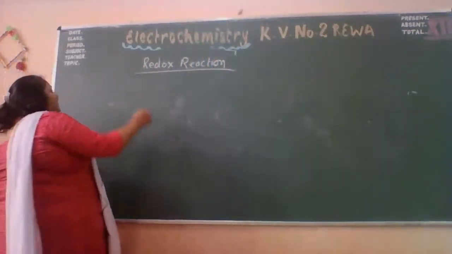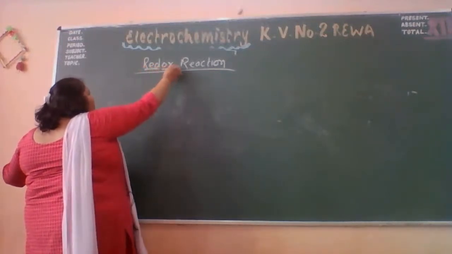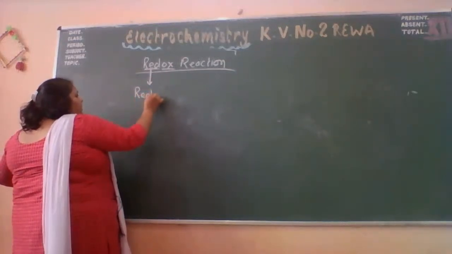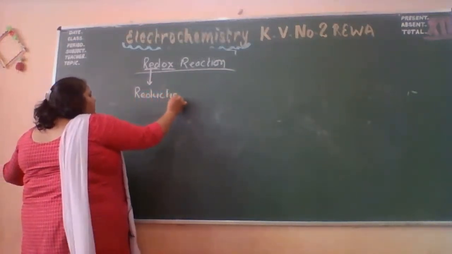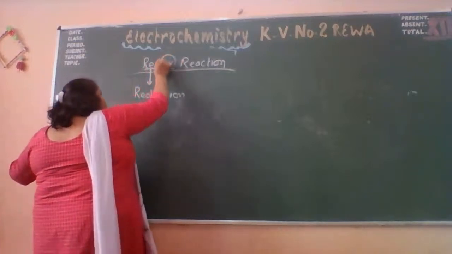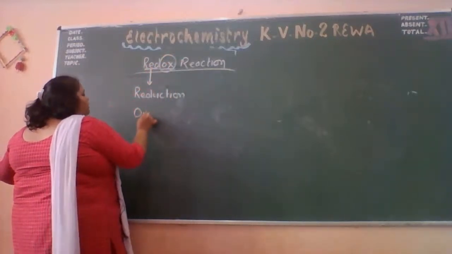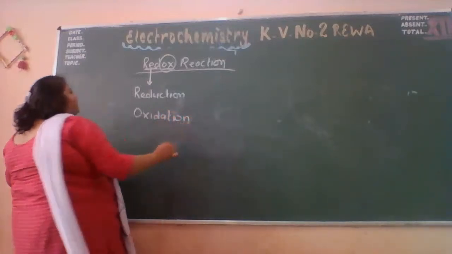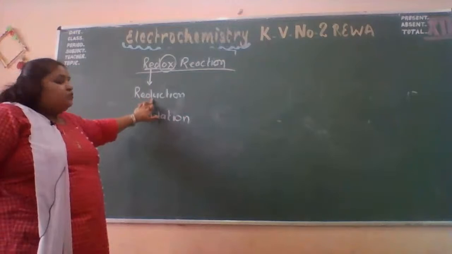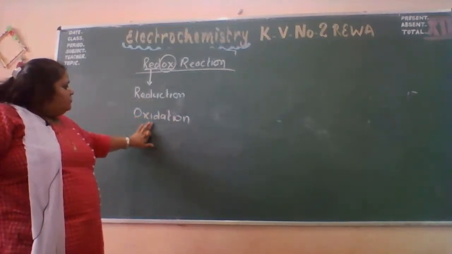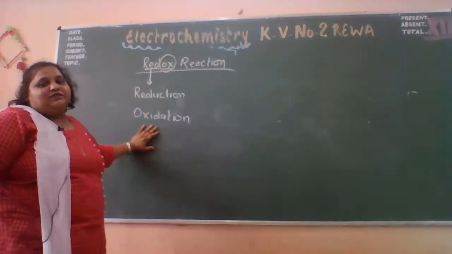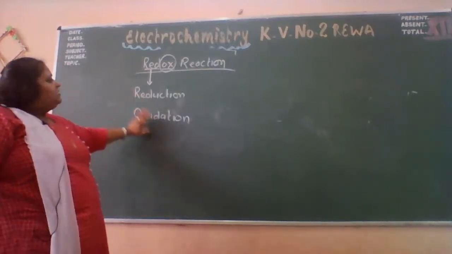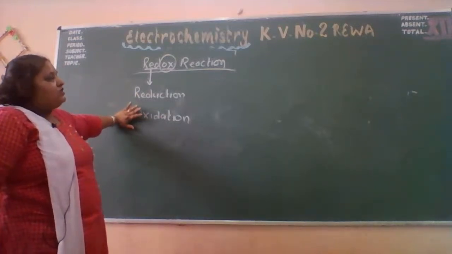Redox has two terms: reduction and oxidation. It is the chemical reaction in which both reduction as well as oxidation take place simultaneously.